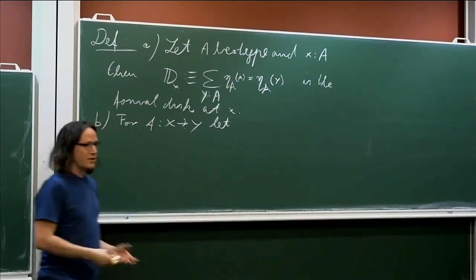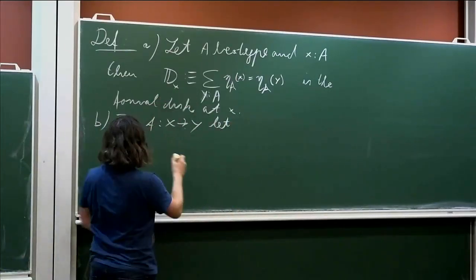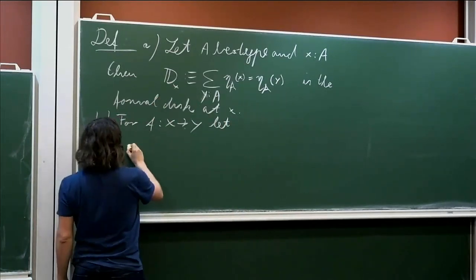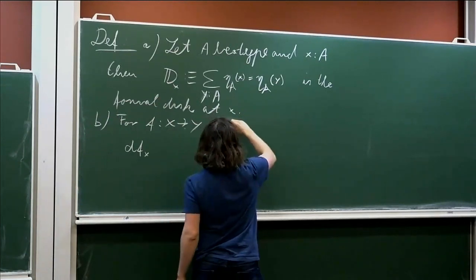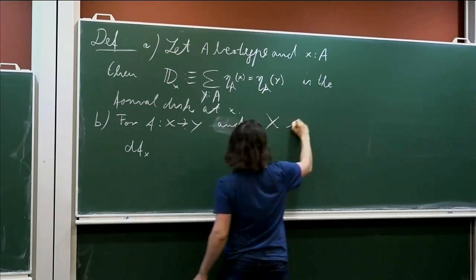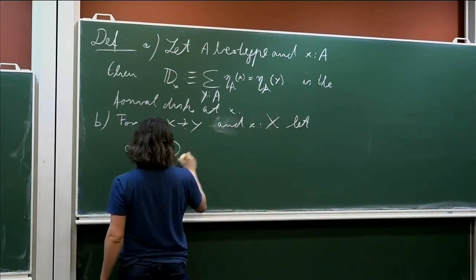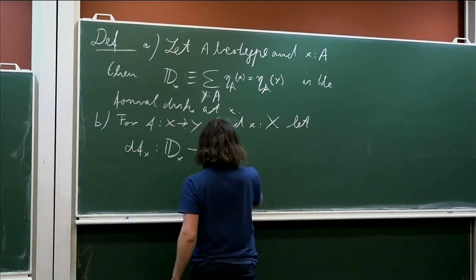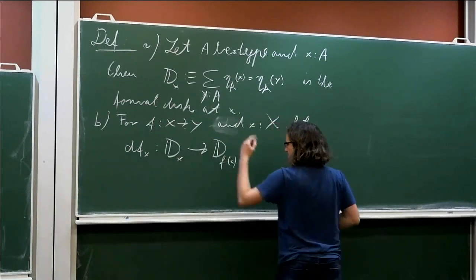So we can always define a derivative, and this derivative goes between the formal disks. So df at some point x in the domain, let dfx go from Dx to D(f x). So it's really a dependent function.